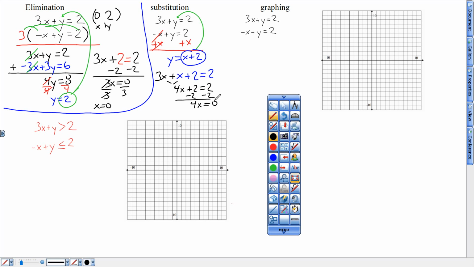Divide by 4, and that's supporting your work to get the x equals 0 answer like I did on that other one. Now to solve for y, I'm going to take this x is 0 and plug it in right here and solve for that x right there. This time I'm replacing this into x.